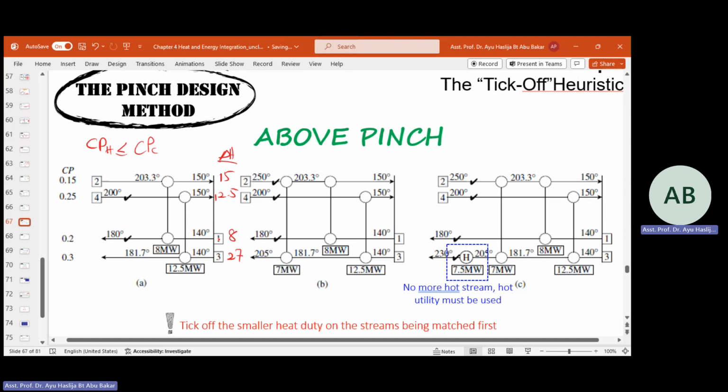Stream 1 requires 8 in order to achieve the T target. So stream 2 will give out only 8 megawatt to stream 1.